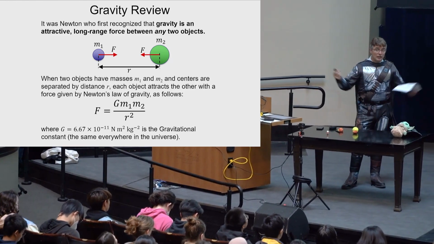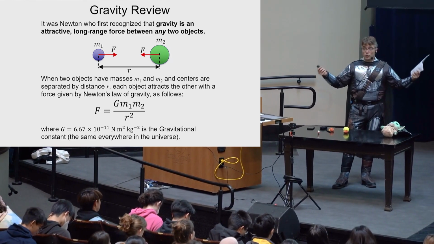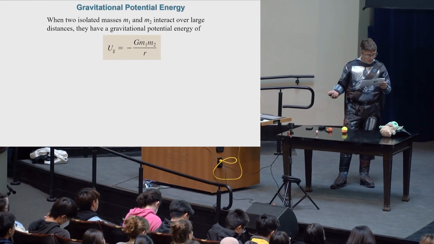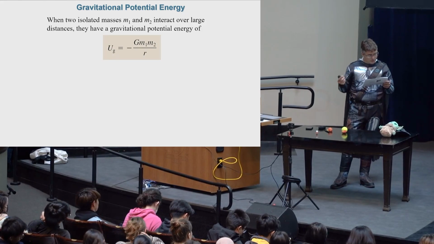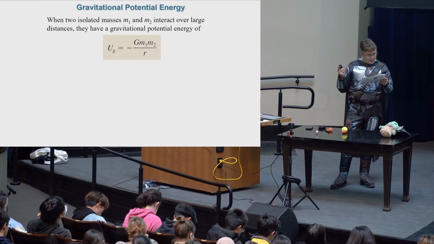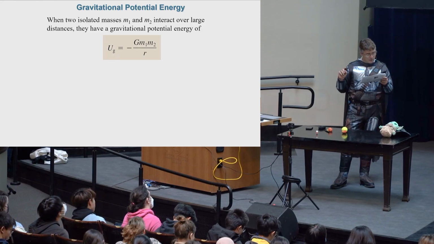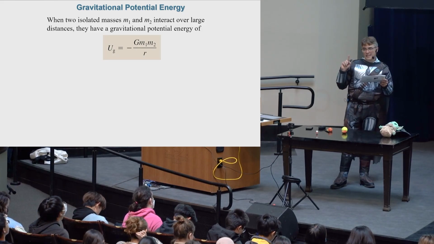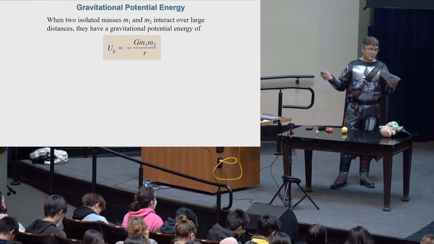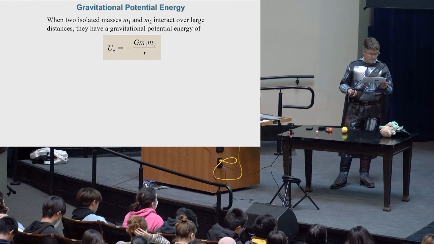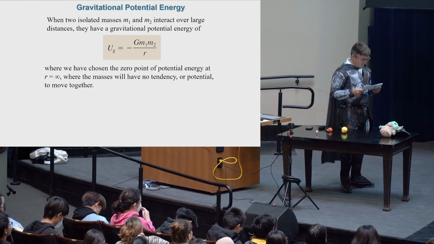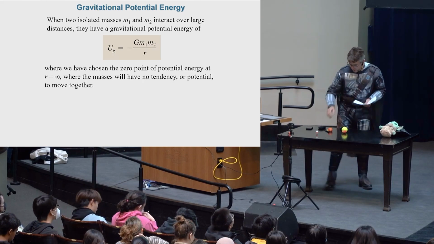Gravitational potential energy also exists between any two masses. And it looks very similar, except two important differences. One is that there's a minus sign, and the other is that instead of GMm over r squared, which was for force, for potential energy it's GMm over r without the square. And we have chosen here the zero point of potential energy to be at r equals infinity.